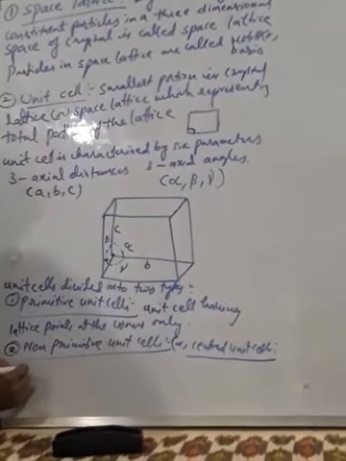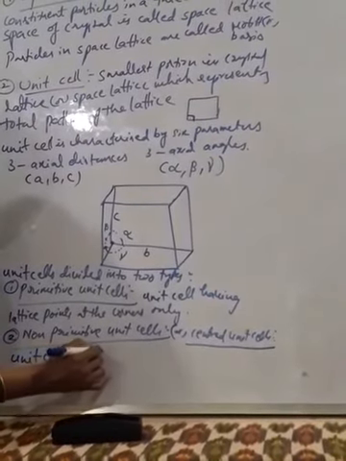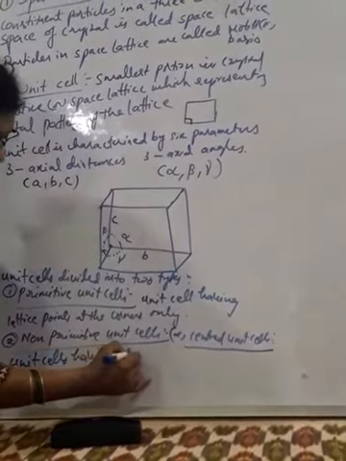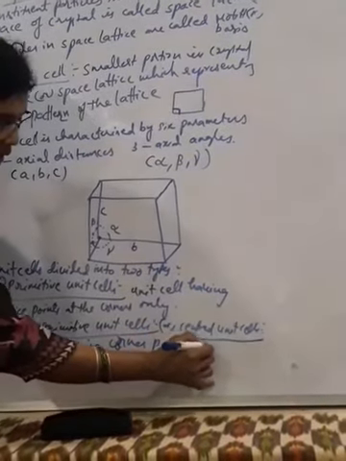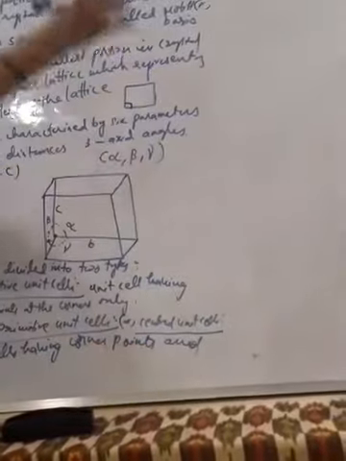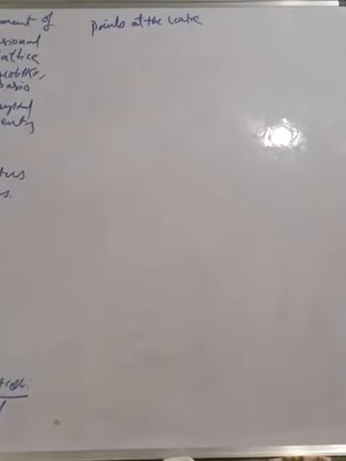So unit cells having corner points and points at the center. Okay. So these are non-primitive unit cells.